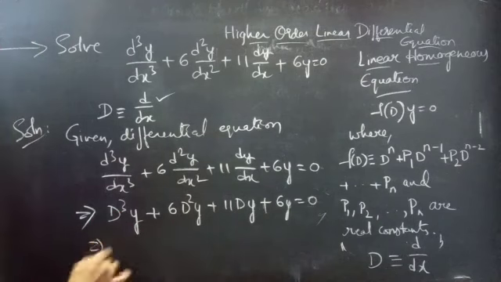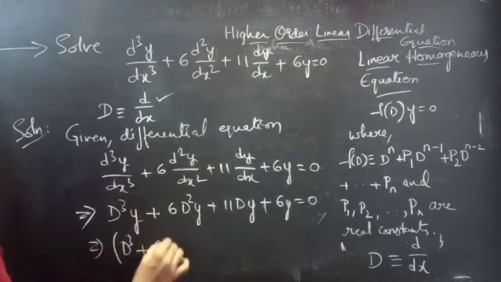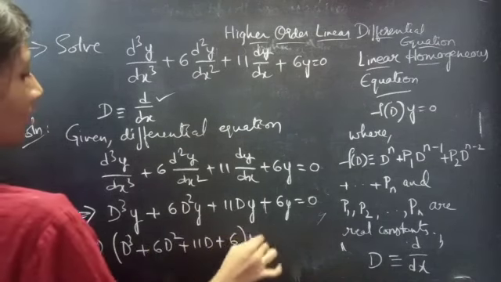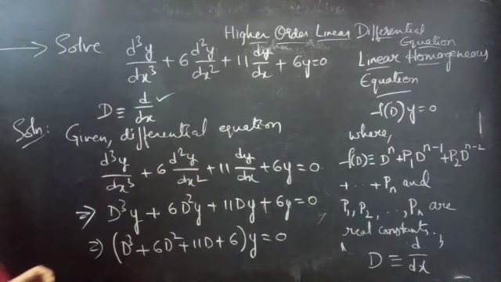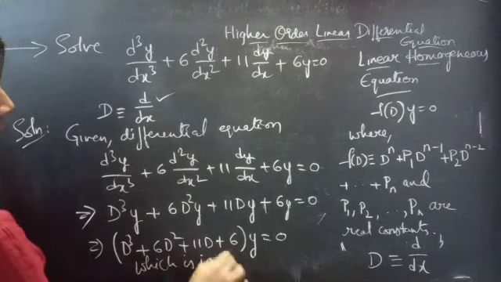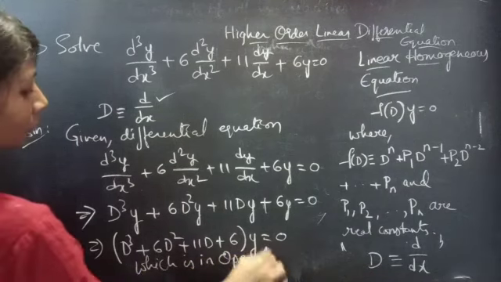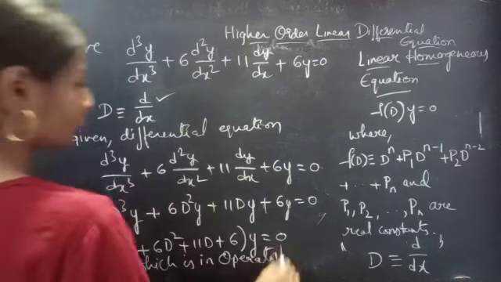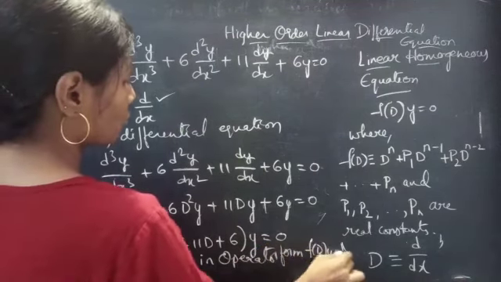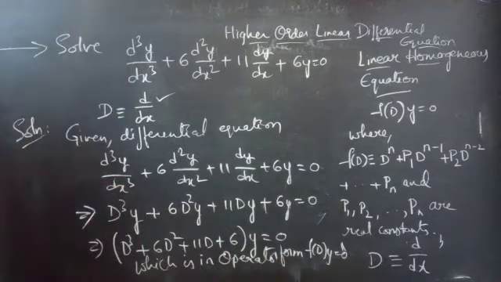Now take y common from all the terms of LHS, then you get D cube plus 6D square plus 11D plus 6 into y equals to 0, right? Which is in operator form. That is f of D into y equals to 0, right?